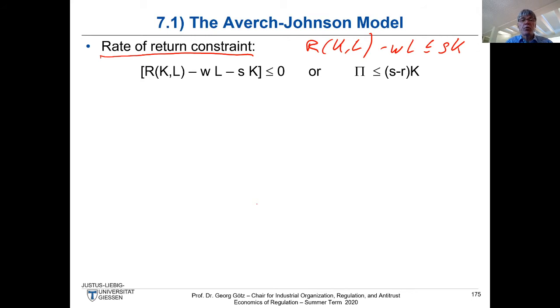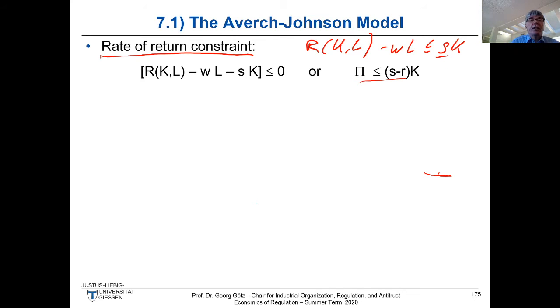And operating profit is what goes to the capital owners as a profit. And given you have a K, this operating profit must not allow you a rate of return higher than S. Here it's just put differently.